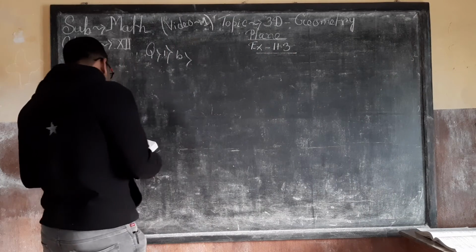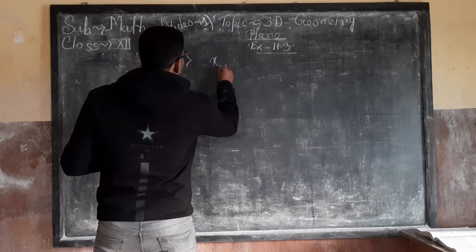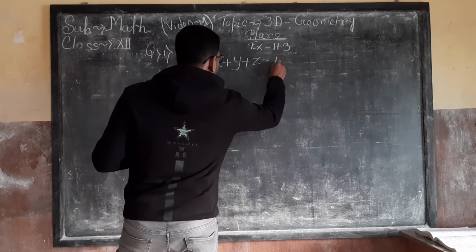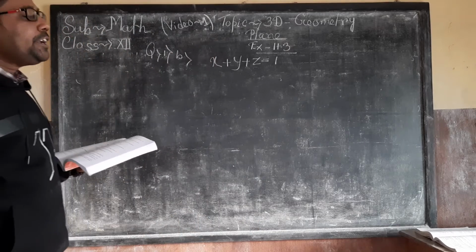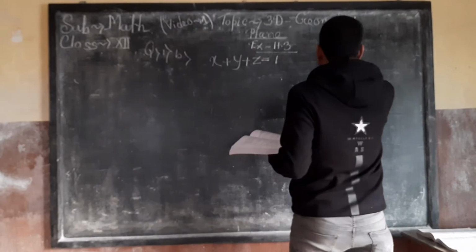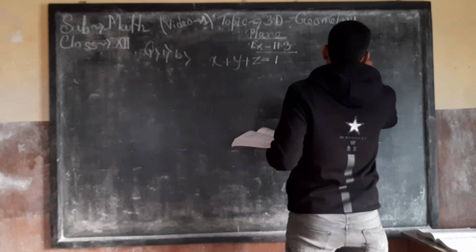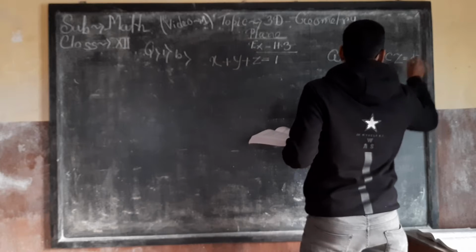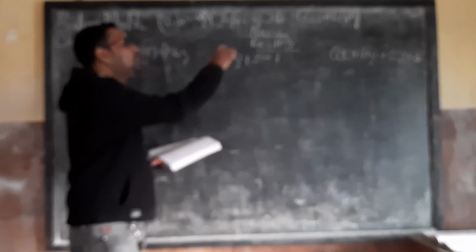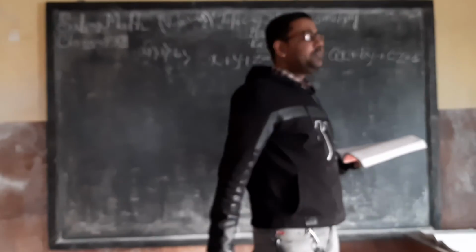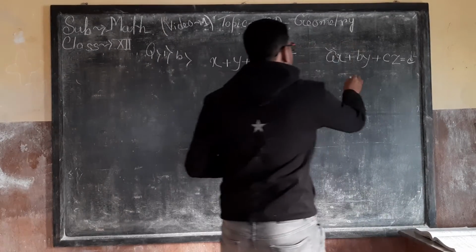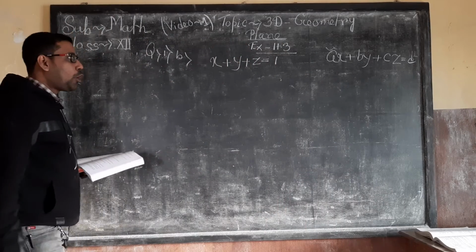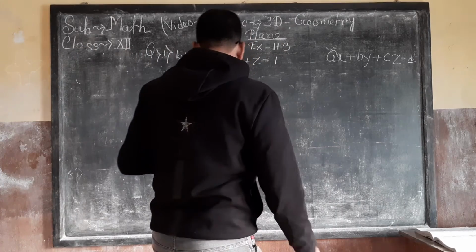So the given equation is x plus y plus z is equal to 1, and we are already familiar with this equation: ax plus by plus cz is equal to d, which is the equation of a plane in normal form. It is a Cartesian form, and this time a, b, c is nothing but the direction ratio of the normal of a plane.